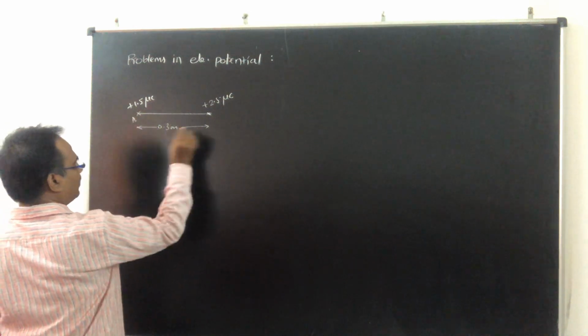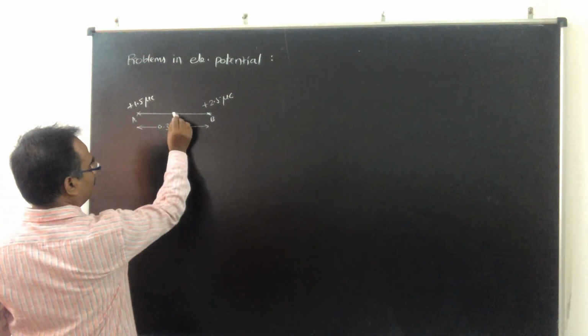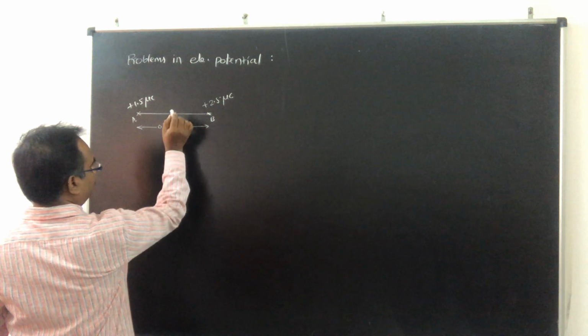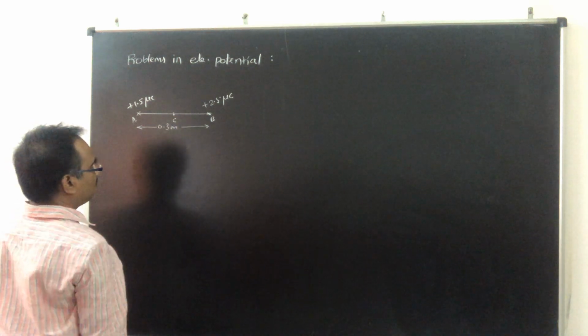Say this is A, this is B. So this is the midpoint of the line joining the two charges.